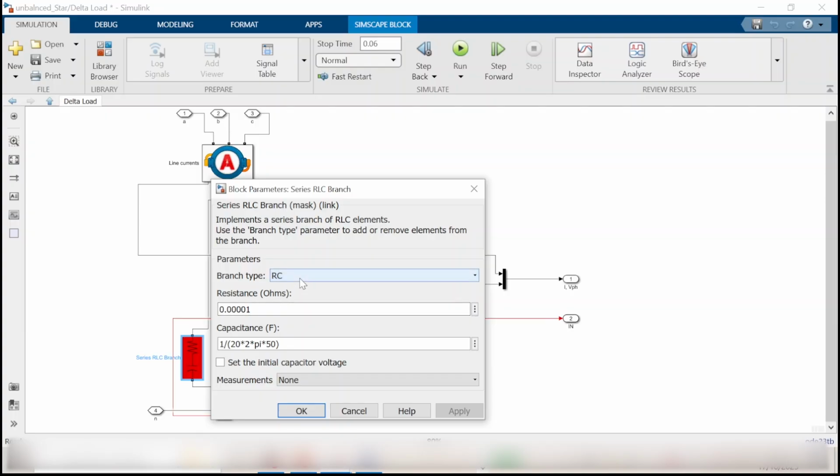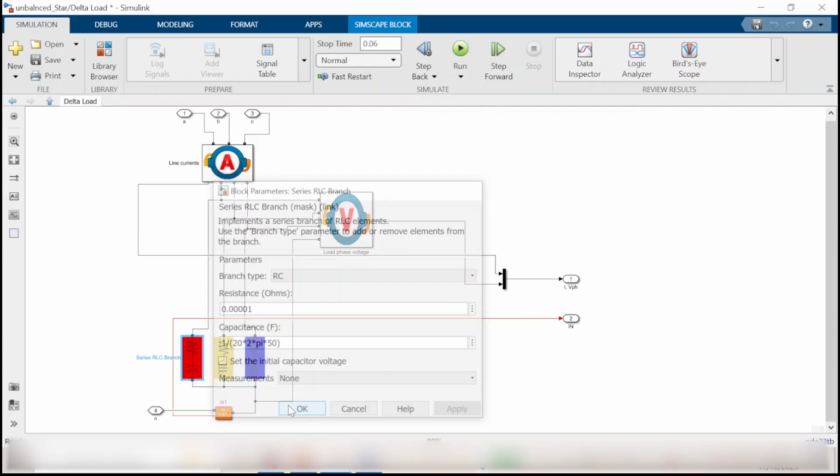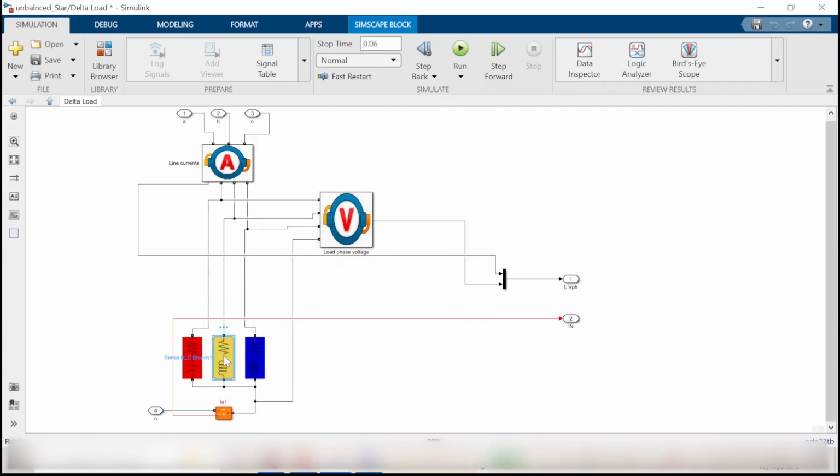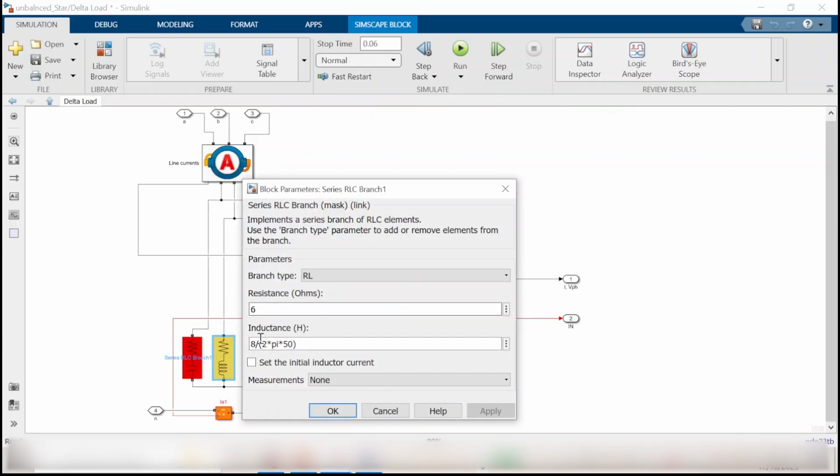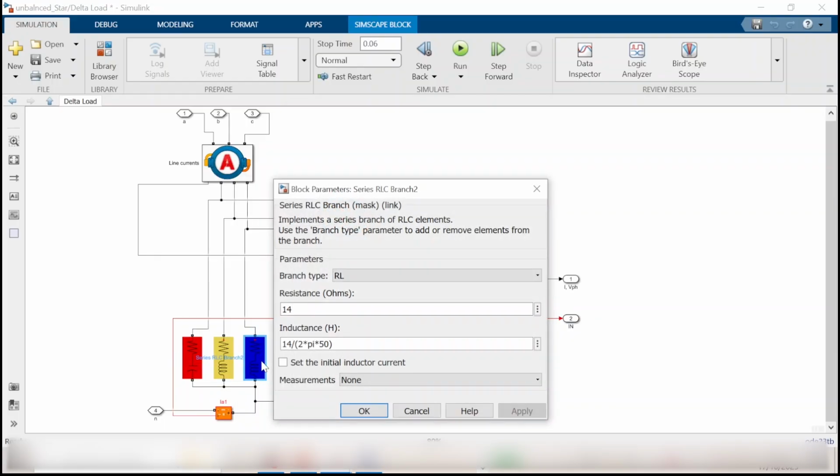So we put an RC circuit, and the capacitance here will be C equals 1 over XC multiplied by omega. And in this case, XC equals 20. Regarding phase B, we have resistance 6 ohm and inductance 8 over omega. Phase C will be 14 plus j14. So that one is a resistance of 14 ohm, and 14 over omega gives you the inductance of this phase.